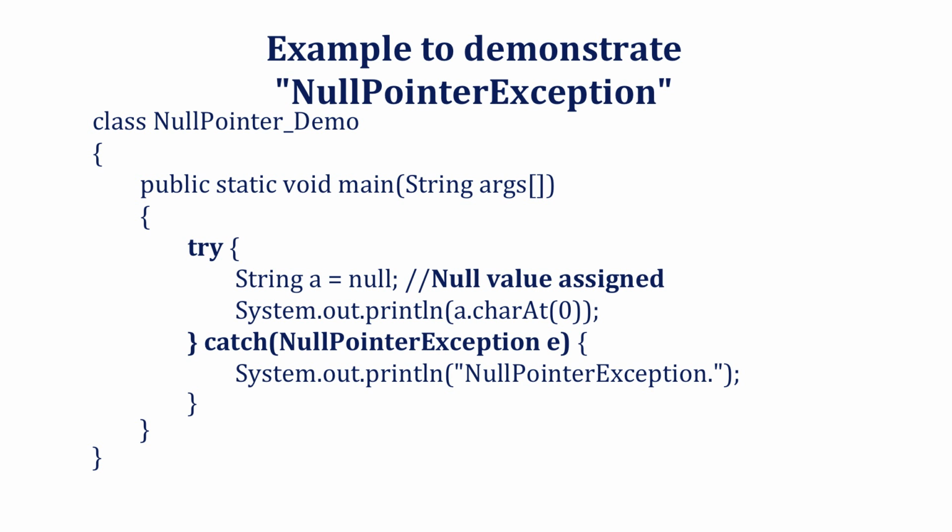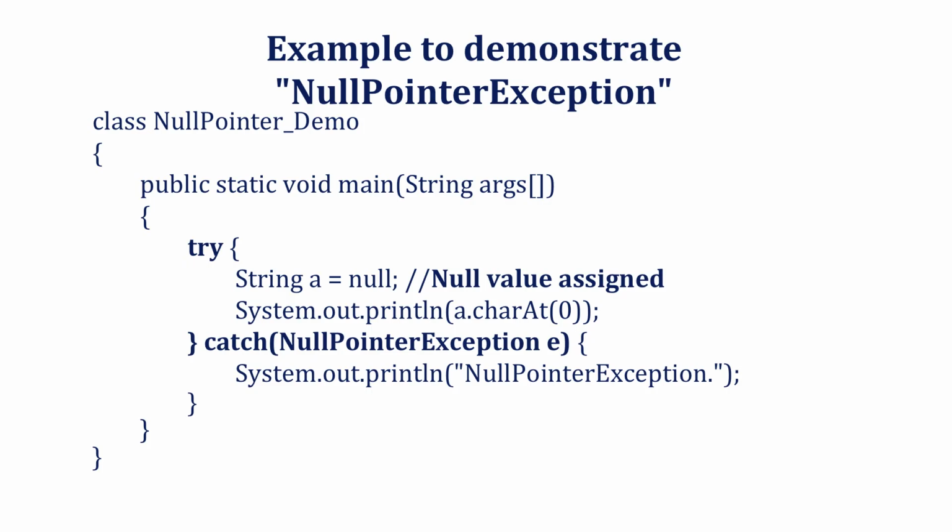You may change the name of this instance. In the next line, system.out.println, look at that, we are trying to get the value at the 0 position of this instance, a dot charAt. I think this is illegal.